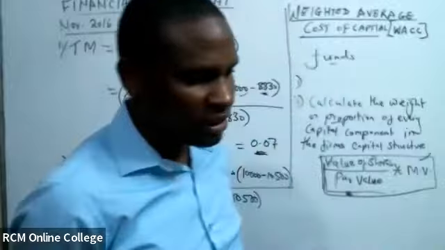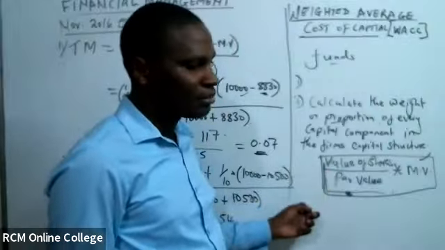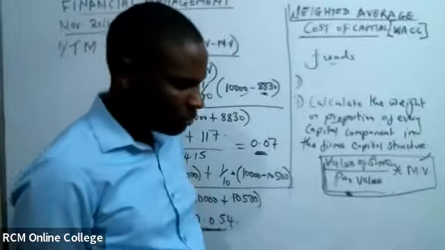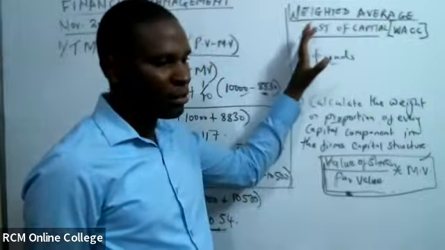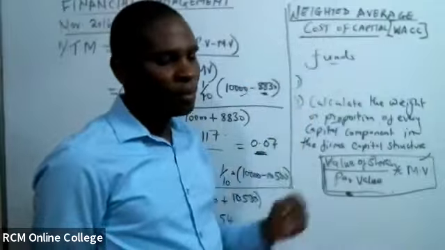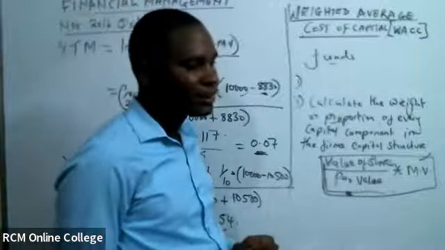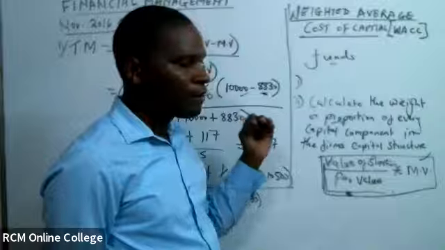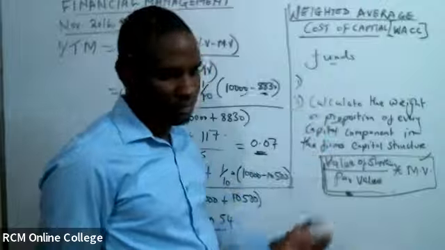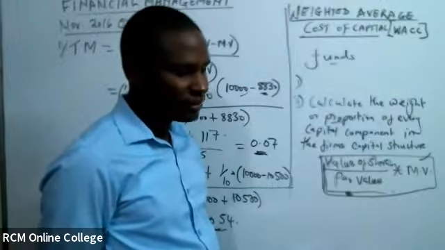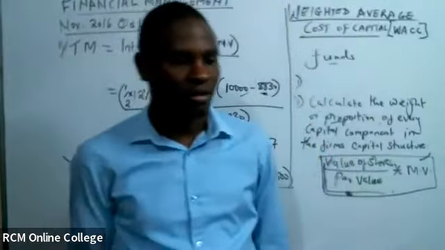So step 3: multiply the component cost with the respective weight. If it is the cost of equity, you have to multiply with the weight of equity, to get the WCC.